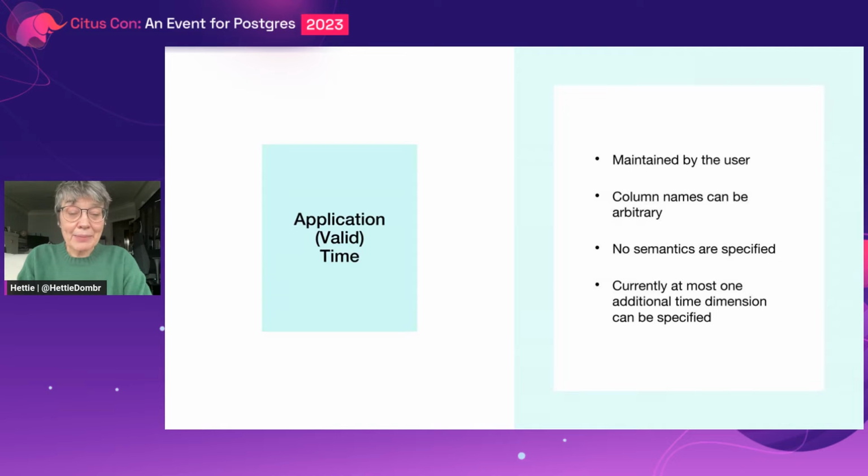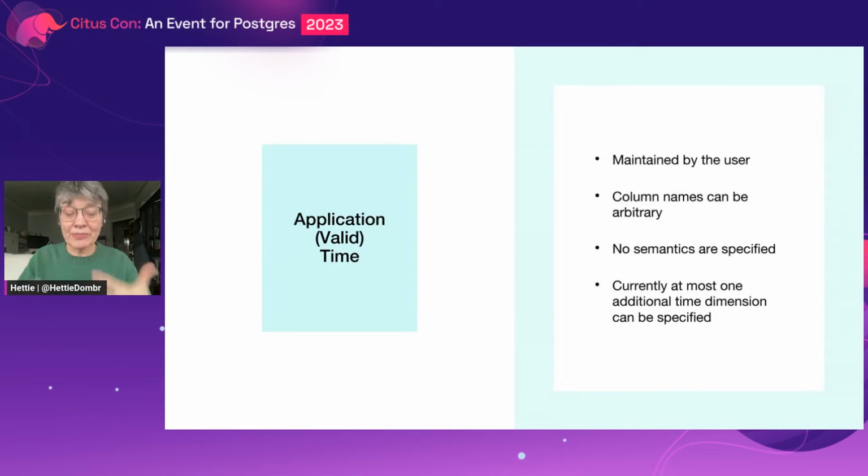For application time, the standard actually just says that it is maintained by the user. So the standard does not really put any restrictions on the application time. Column names can be whatever. And again, the idea is if you already have a database where you did your custom implementation of application time, you can use your existing columns.